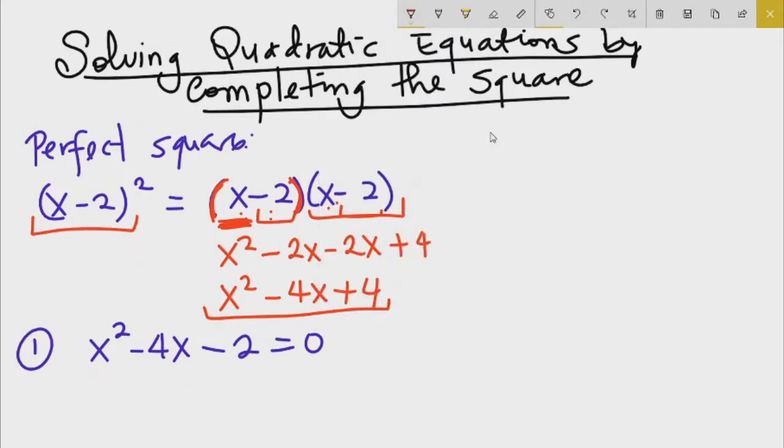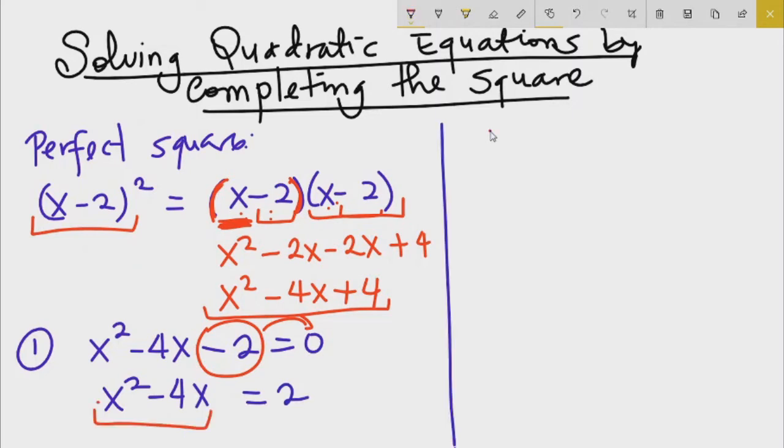the first thing that I'm going to do is to move this constant term to the right. So this will become x² - 4x = 2. I now want to make the left become a perfect square, okay?